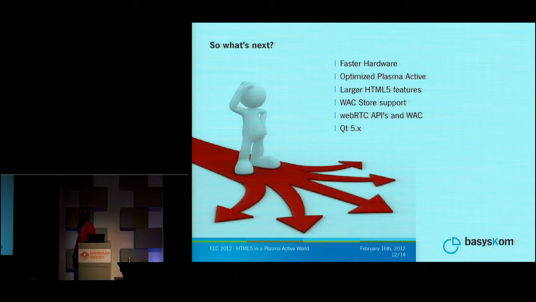The WebRTC APIs and WAC, that's an interesting one because at the moment, the WebRTC specification is being developed, and it's not really clear when W3C is going to actually have a final version. Google is pushing to have WebRTC integrated in WebKit by the end of the first half of this year.